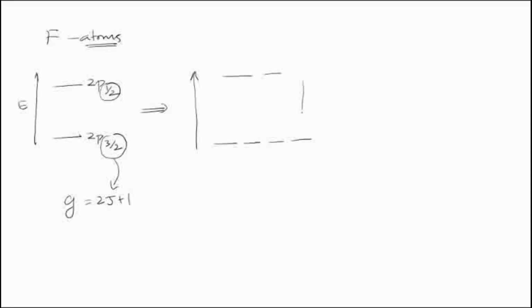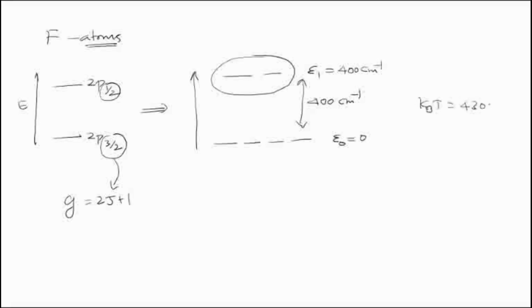Okay, and what is the gap? The gap is 400 centimeter inverse. I am assuming the ground state energy is 0 and the excited state energy is 400 centimeter inverse because the gap is 400. Now the question is, what is the fraction of population that exists in the excited state when kBT is 420 centimeter inverse?